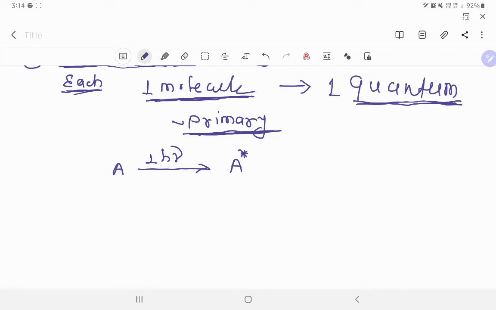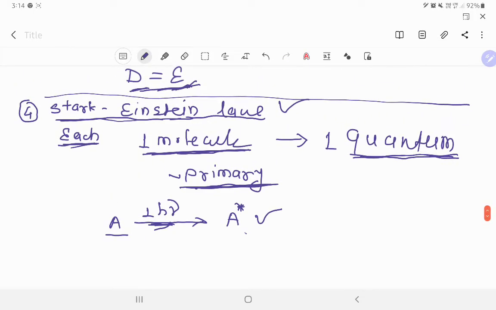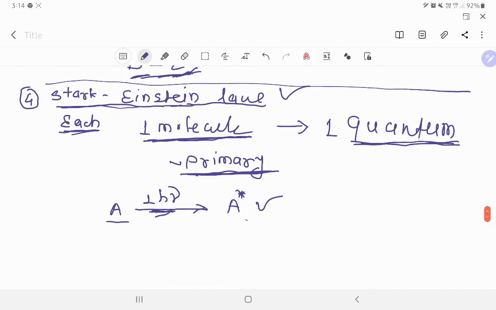This is the photochemical primary process, whatever may be the reaction afterwards. In the photochemical primary process, one molecule of reacting substance absorbs one photon of radiation. Okay, this is the Stark-Einstein law of photochemistry.